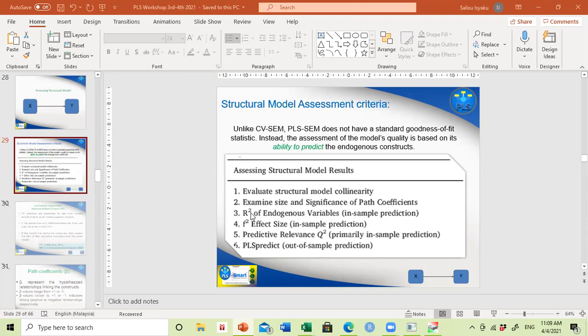I mean, how our exogenous constructs are predicting our endogenous construct. At what amount can we say this construct explains that particular endogenous variable? This is what is called R square.